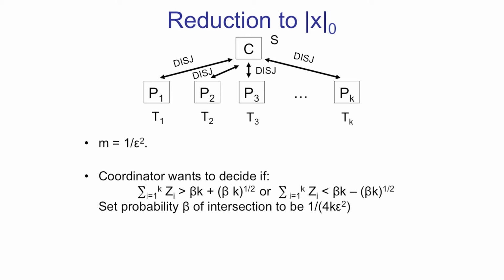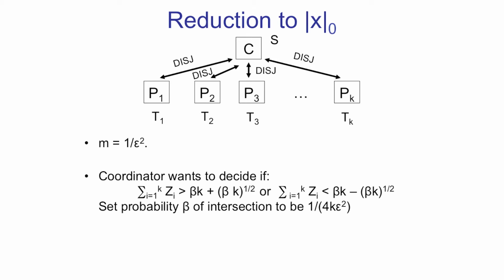Now, first of all, this might not always be a probability; it might be larger than 1. So in this talk, I'm just going to focus on the case when k is larger than 1 over epsilon squared, so this is at most 1. It's a probability, and then the lower bound I just described goes through. In follow-up work with Qin, we were able to show that even when k is small, you can get this lower bound.